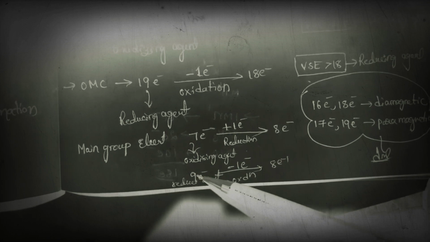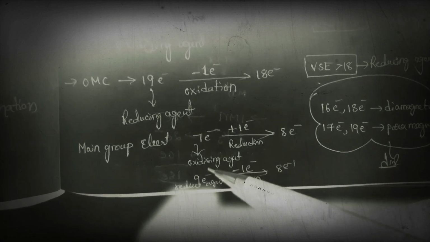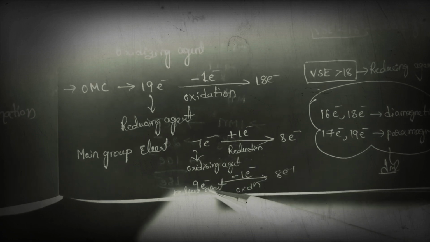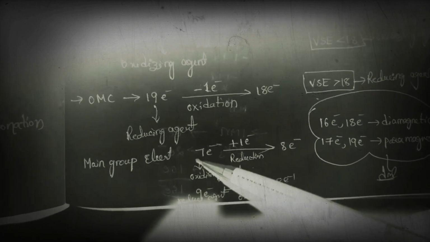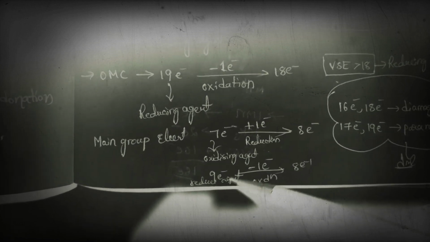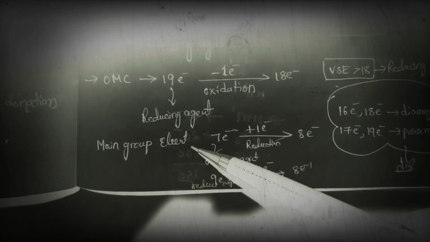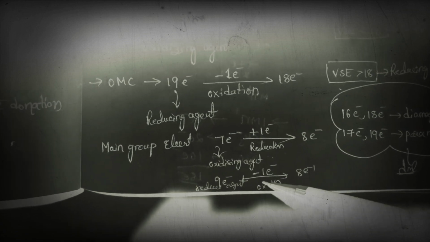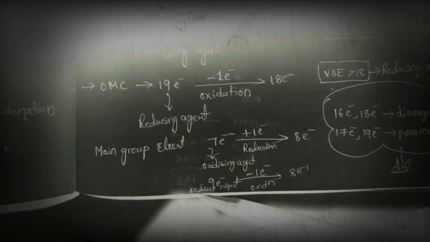So here it is losing one electron, meaning it is oxidizing, so it is reducing others. As it is reducing others, it can act as a reducing agent. So we can conclude that in the case of main group elements, if the number of electrons is more than 8, then they act as a reducing agent.